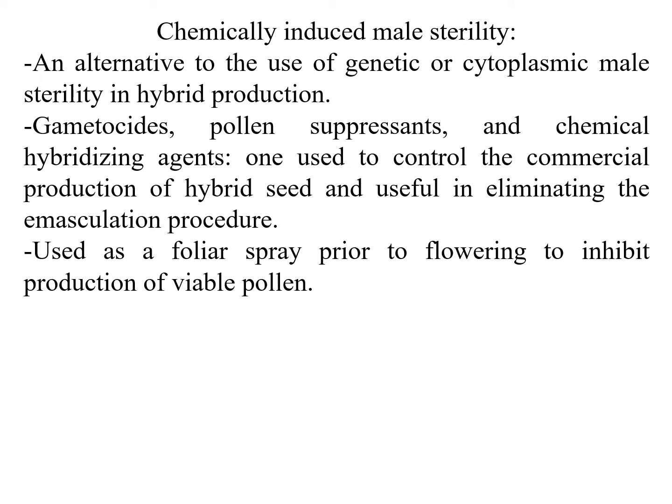The other options that breeders were using, in addition to genetic and cytoplasmic male sterility in hybrid production, were what we call gametocides, or pollen suppressants, or chemical hybridization agents, which are chemicals found to induce male sterility. They have been used to control the pollens during commercial hybrid seed production, and in this case we don't need to do the emasculation process.